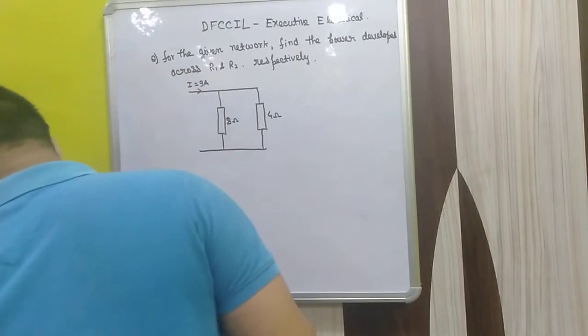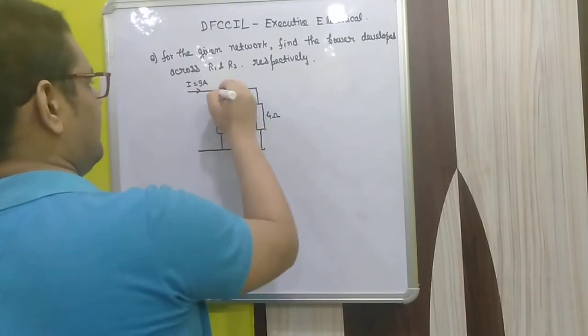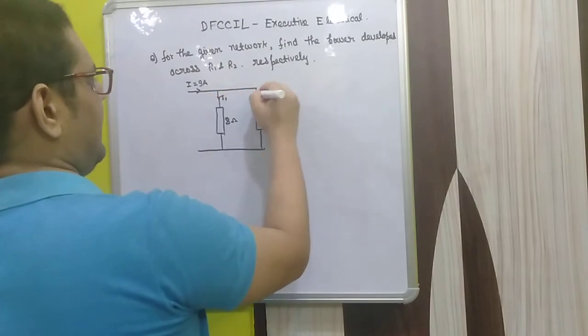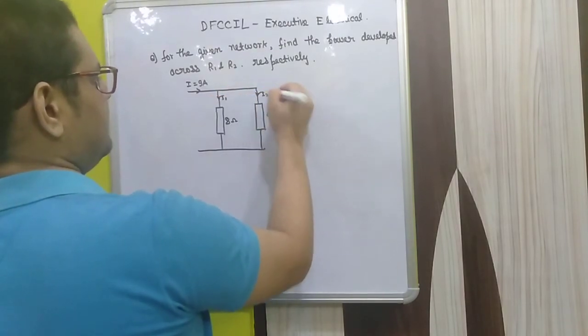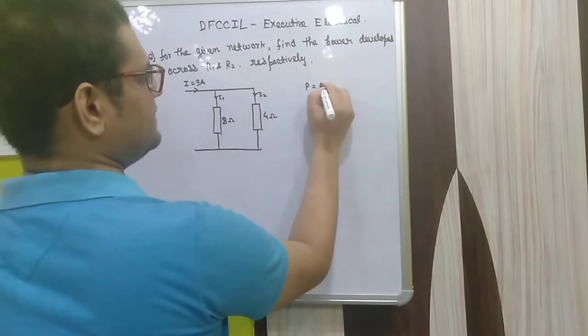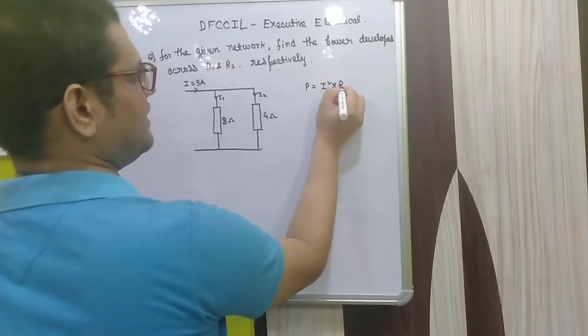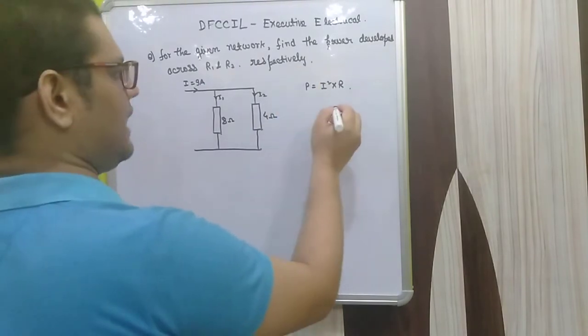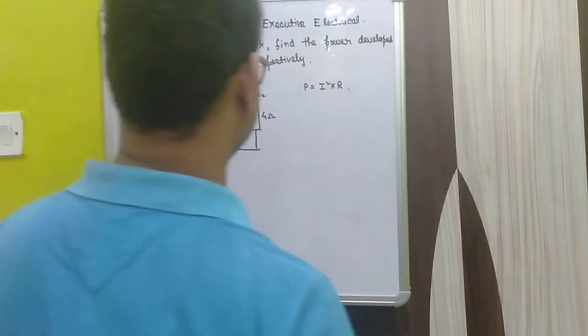This is I1 current here, and I2 current here. We know the power P is equal to I square into R. This is the general formula to calculate the power developed in the circuit.